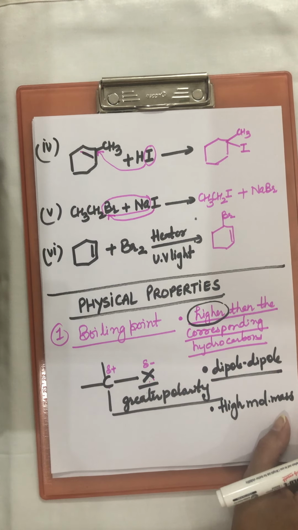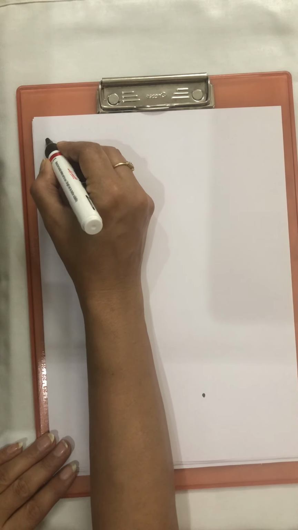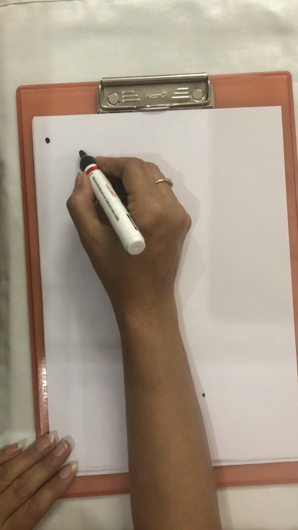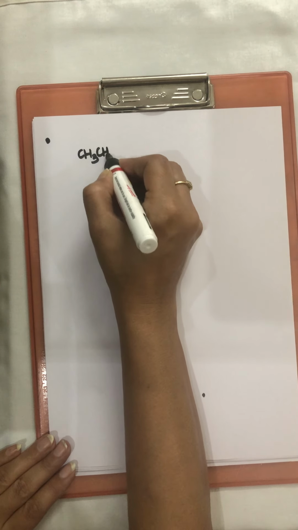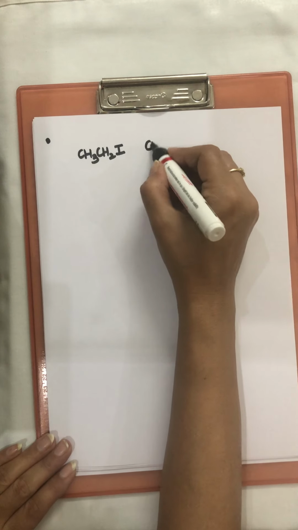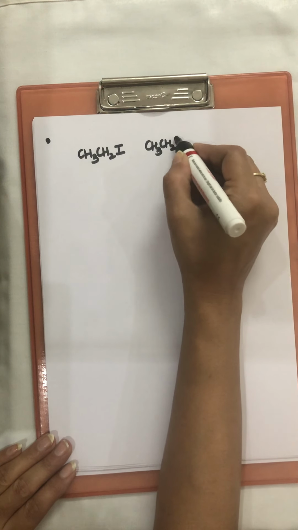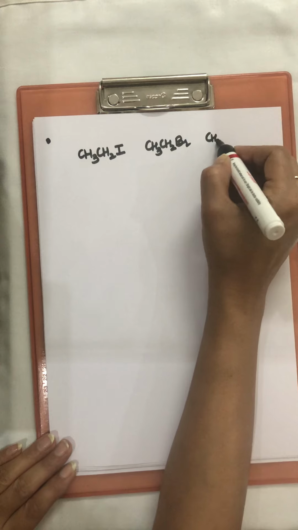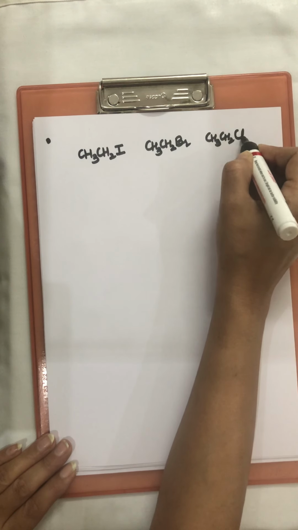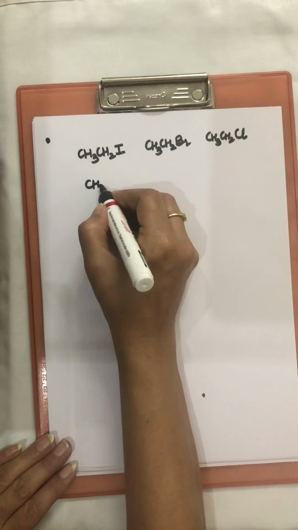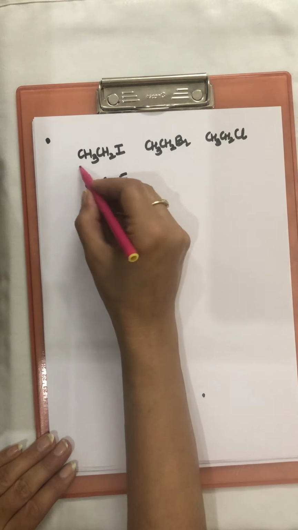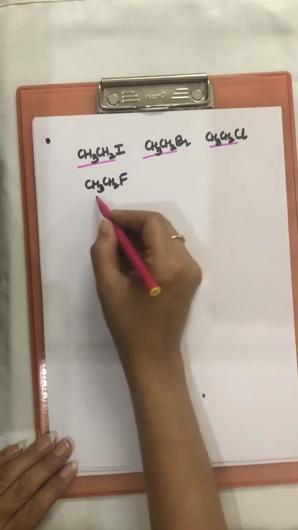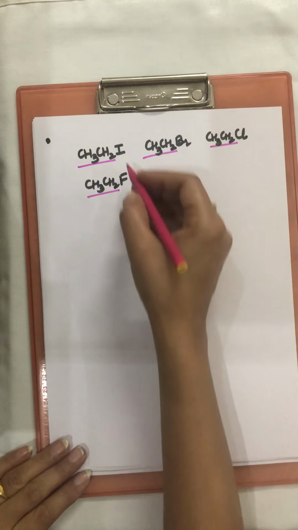This is the first point in the boiling point. The second point is, if we take haloalkanes with the same number of carbon atoms, like CH3CH2I, CH3CH2Br, CH3CH2Cl, and then CH3CH2F, the alkyl group is the same, but the halogen atoms are different.